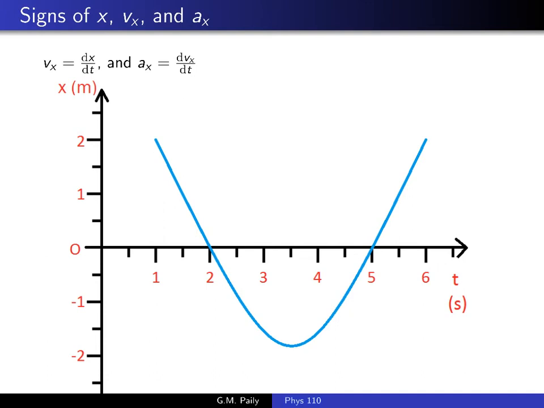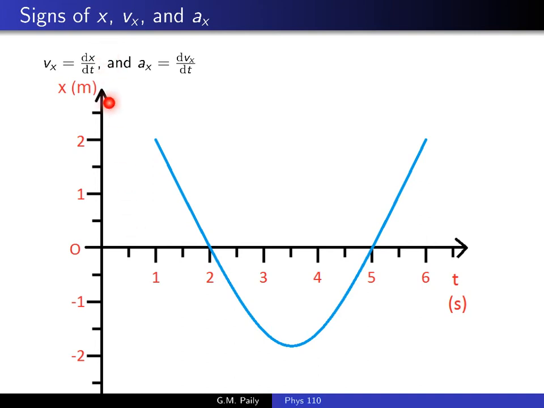We have said that v_x is dx over dt and a_x is dv_x over dt. In other words, it is a type of ratio. And in the case of an x versus t graph, we can think of it as a slope. After all, slope is rise over run, or change in the y-axis quantity divided by change in the x-axis quantity.